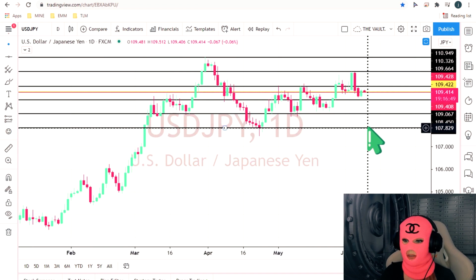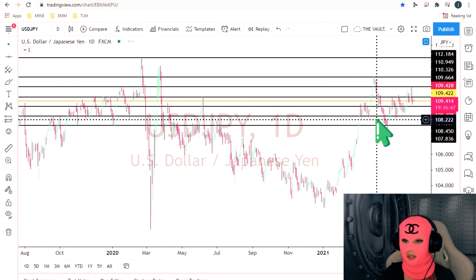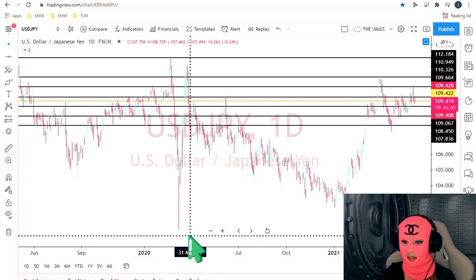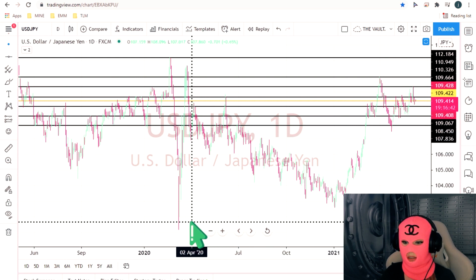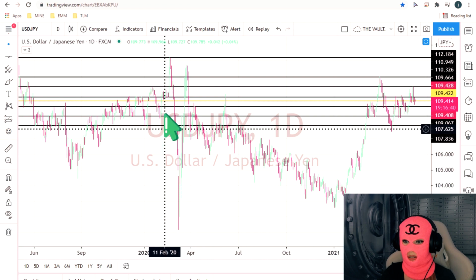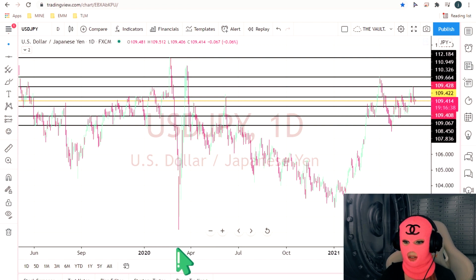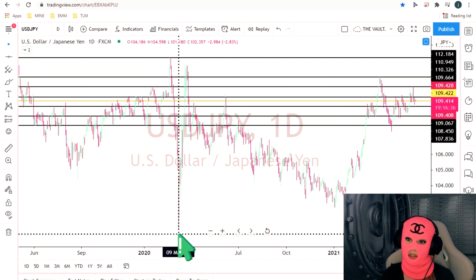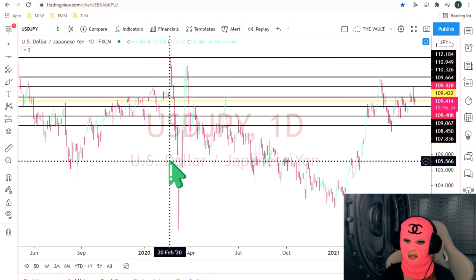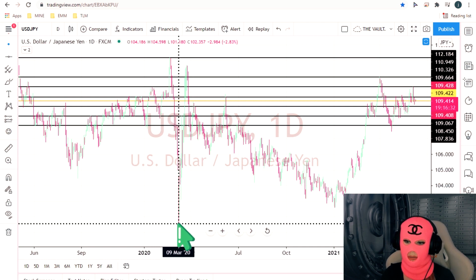What we're gonna do is draw ourselves some trend lines. Now this is dating back to what? March 2020. Sharp down move, obviously, because this was the coronavirus pandemic, dating from about February. Boom, beginning of March, drop.